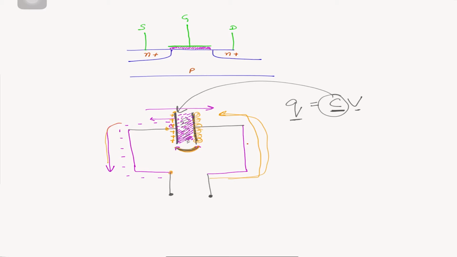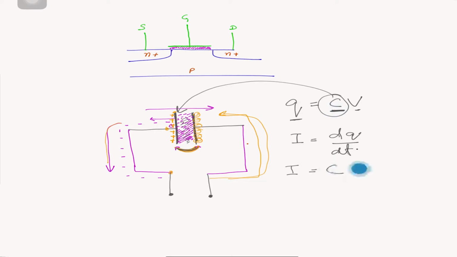Capacitance is kind of fixed for a certain material. Silicon dioxide will have a certain capacitance, air has another value of capacitance, depending on the material. And current, we know, is the rate of change of charge, right? Q is CV, and C, as I said, for a given material is constant, it doesn't change.